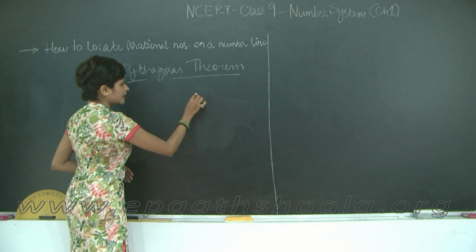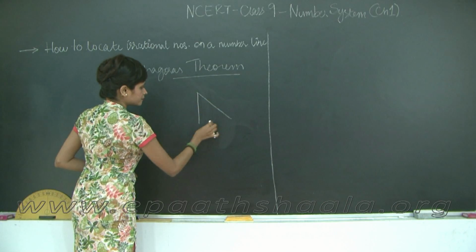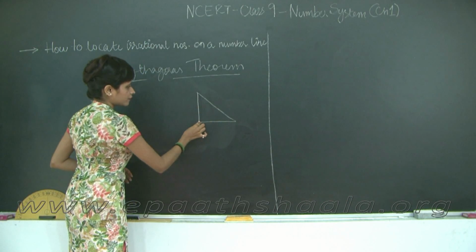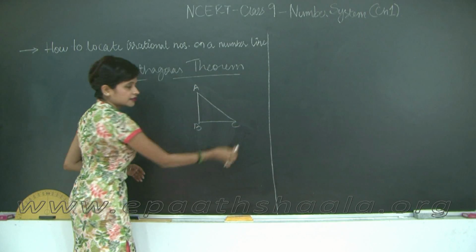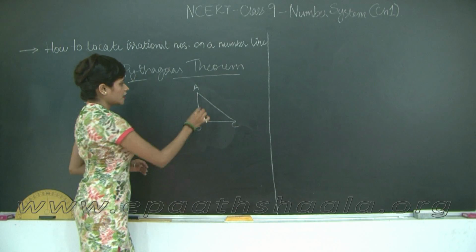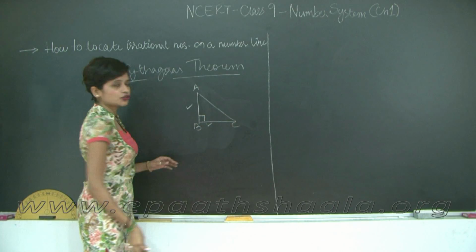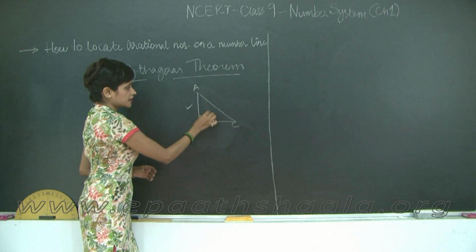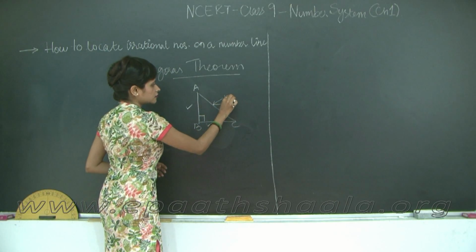So if I have a right angle triangle A, B, C, okay, and B is the right angle over here. Given this length and this length, we need to find this length. First of all, the side that is opposite the right angle is known as the hypotenuse.